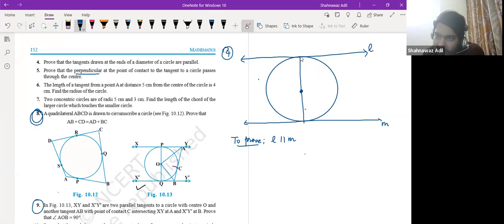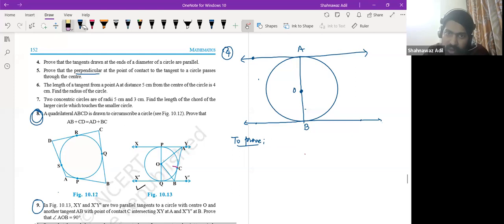Let's say this is A O B, right? And let's write this as PQ and RS.